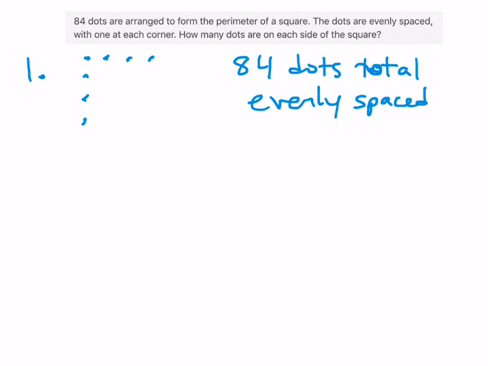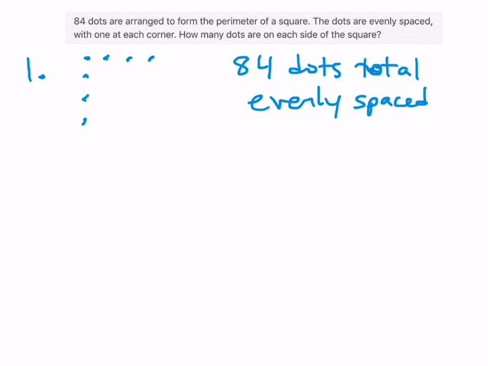And then we also need to look at the goal of the problem. How many dots are on each side of the square? One thing that I commonly see is a lot of answers that misunderstand this idea of each side, and students give the number of total dots, not understanding that we want the dots along just a single side of the square.